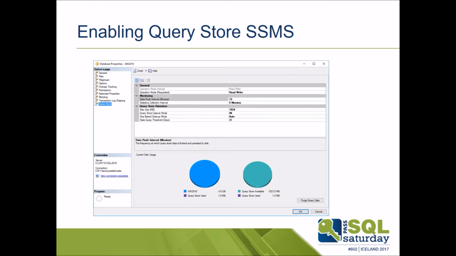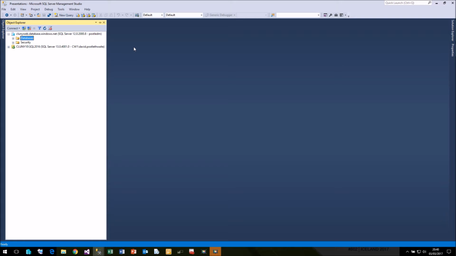So the easiest way to explain is to show you a Query Store in action. For this first demo, I'm going to use a Microsoft Azure SQL database. Query Store works on Azure SQL database as well as SQL Server 2016. If you weren't aware, all new features and bug fixes are first put into Azure SQL database, where they are tested and proved, and only then made available by cumulative update or service pack into SQL Server 2016.